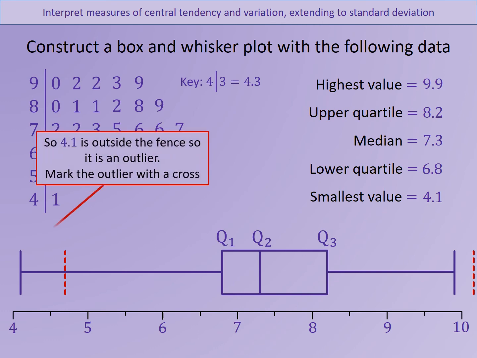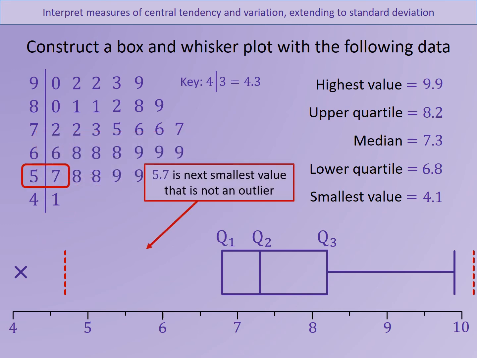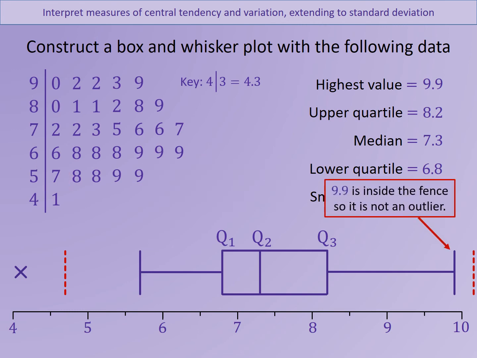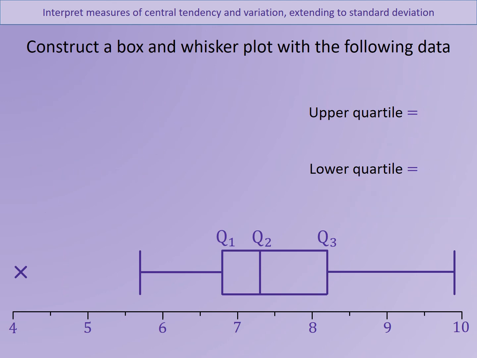So 4.1 is below the red dotted line, and therefore we mark this with a cross as an outlier, and we've rubbed out that lower whisker. We then need to use our next smallest value, the 5.7, as the lower bound for that bottom whisker. Looking at the top end, 9.9, the largest value, is within the dotted line, and therefore we don't need to worry about having any outliers at the top end.